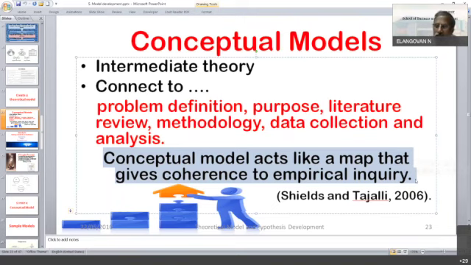From the model, you can go backward. From the model, you can go forward. Any researcher, even while doing the review of literature, is trying to develop maps. At the same time, parallelly, you can develop the existing theoretical models.